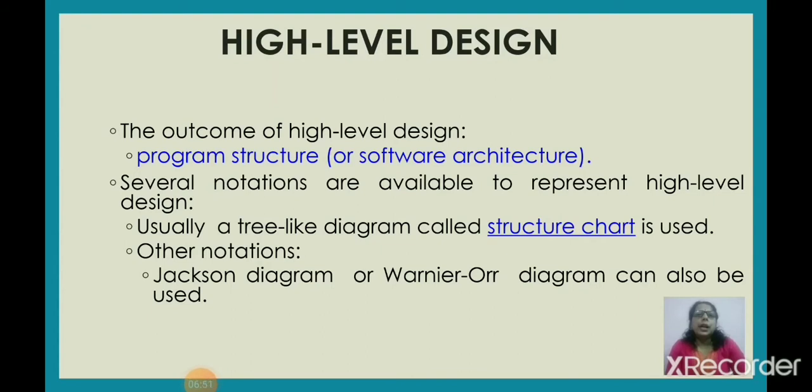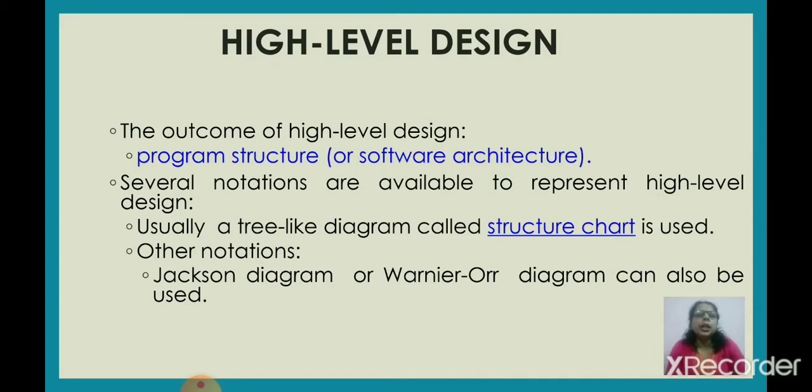So first is high level design. The outcome of high level design is the program structure or software architecture. Several notations are available to represent high level design. Usually a tree-like diagram called a structure chart is used. Means in high level design the modules are designed and the relationships among the modules can be represented in this design.